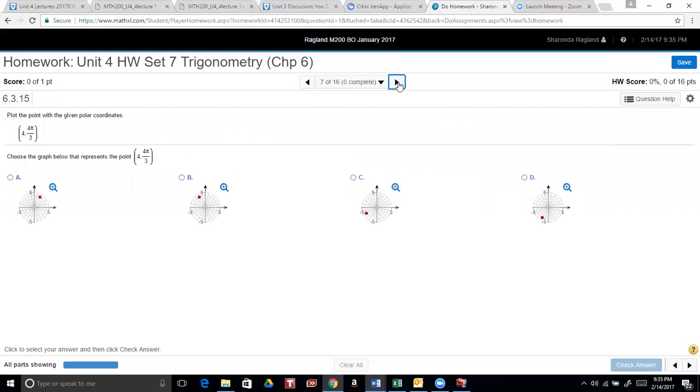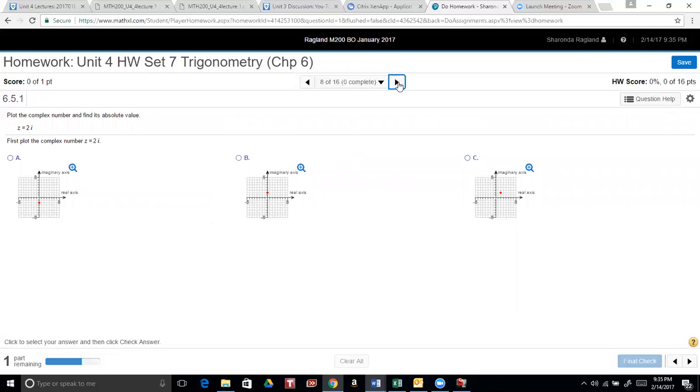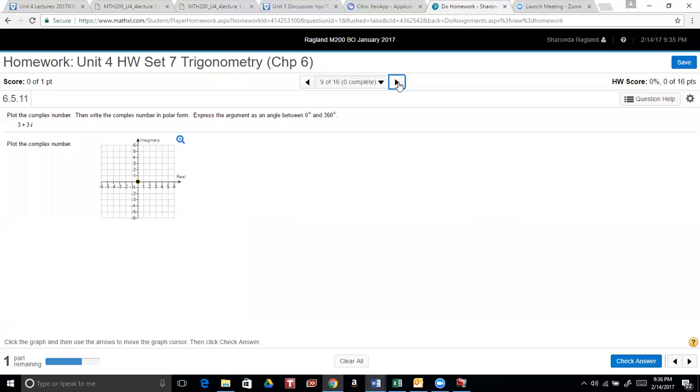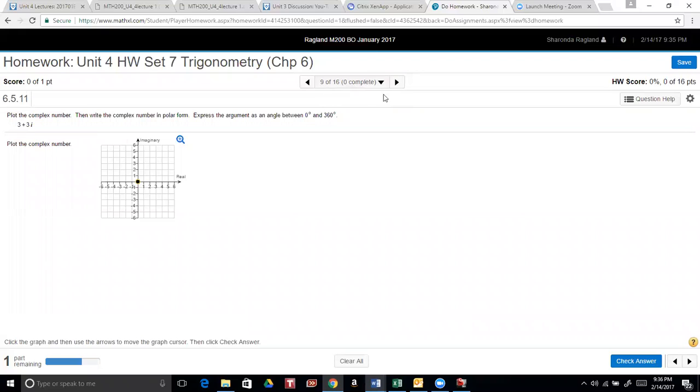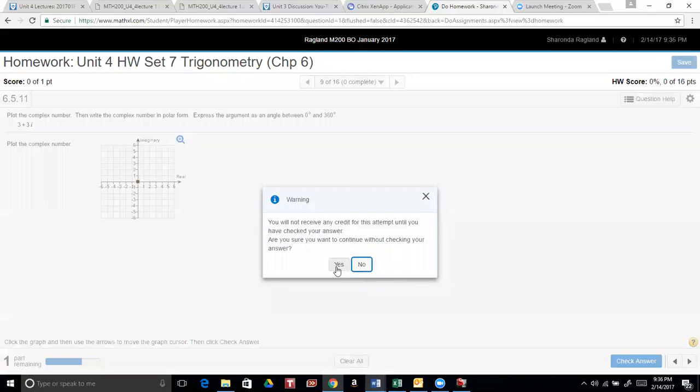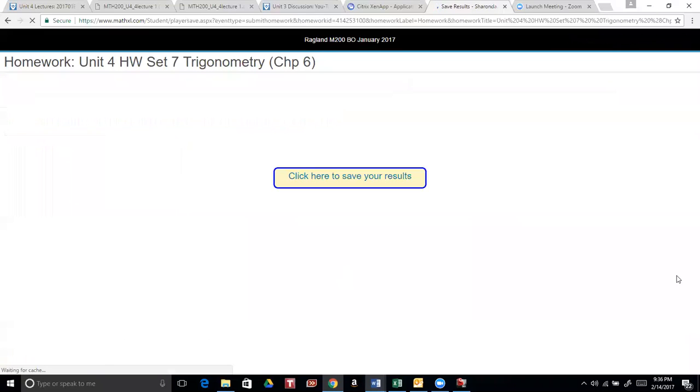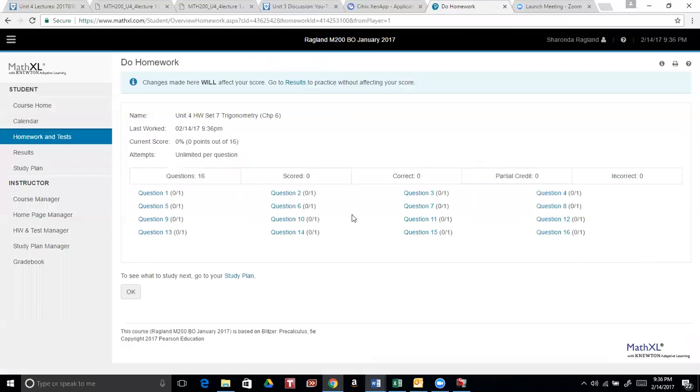Again, there are 16 questions in the first homework set. This is dealing with complex numbers, the i. What I want you to do is look at the notes on the polar coordinates.